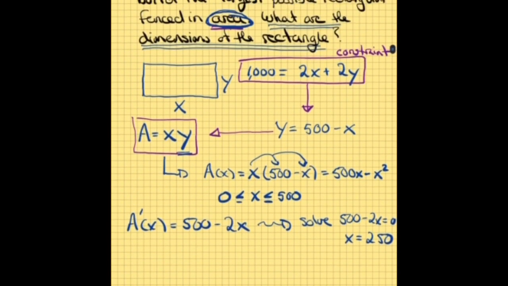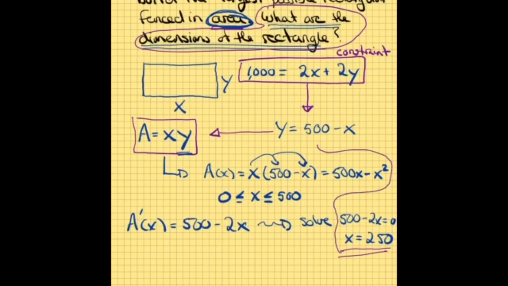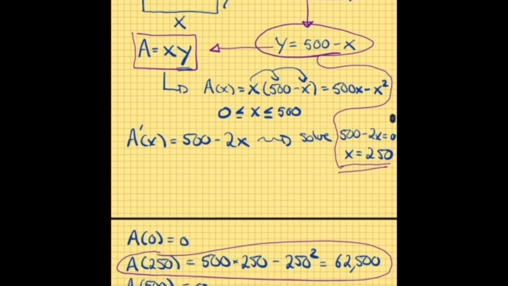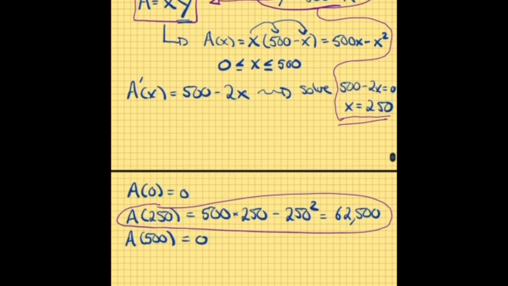Remember, the question wants to know what are the dimensions of the rectangle that maximize the area. Well, when x is 250, I can go back up to my constraint equation and plug in x equals 250, and I get the final answer.